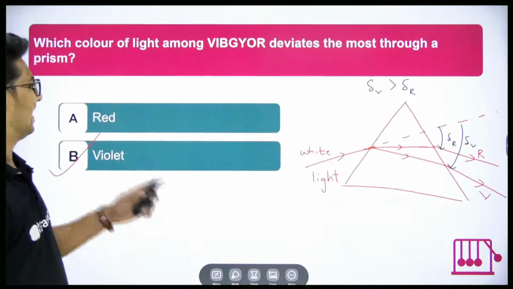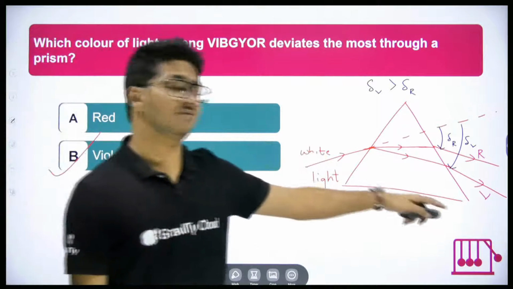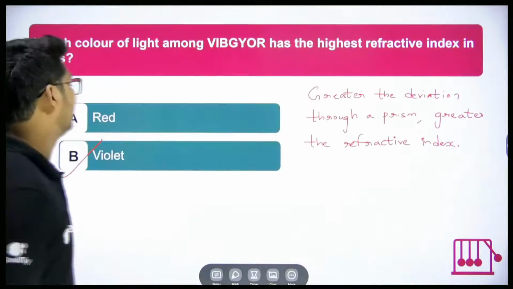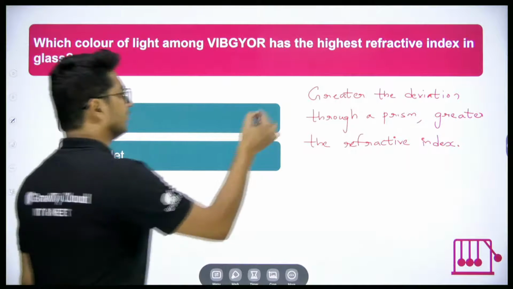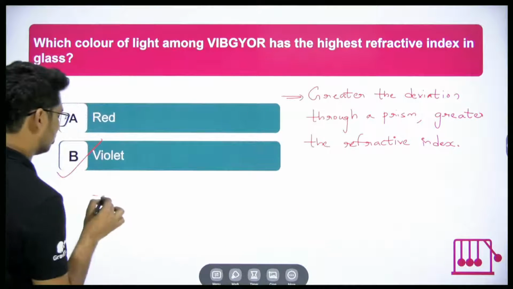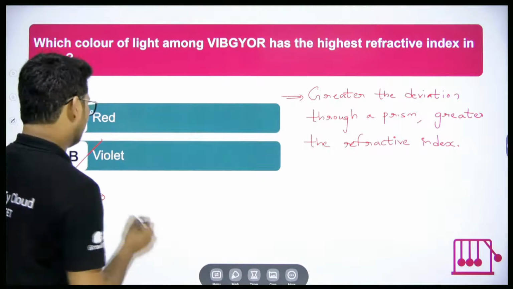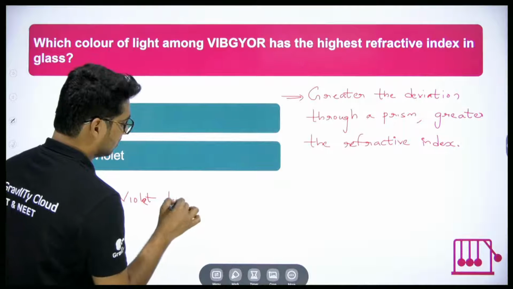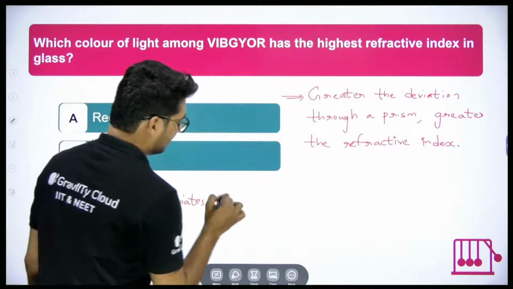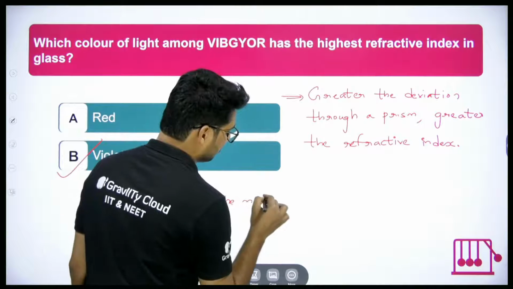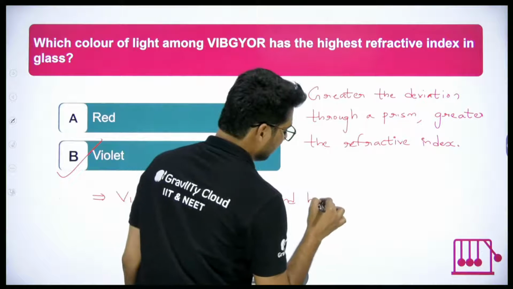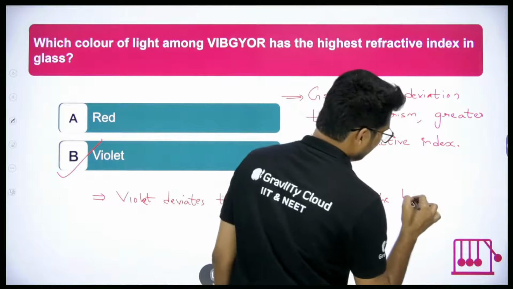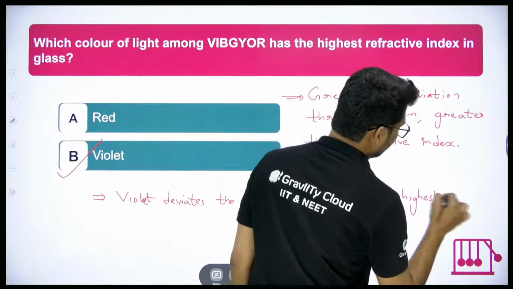And as we have seen, violet deviates the most. Which color deviates the most? Violet deviates the most. So violet has the highest refractive index. So you can also write that point. I'm giving questions in an order so that you can easily remember them. Violet deviates the most and hence has the highest refractive index.